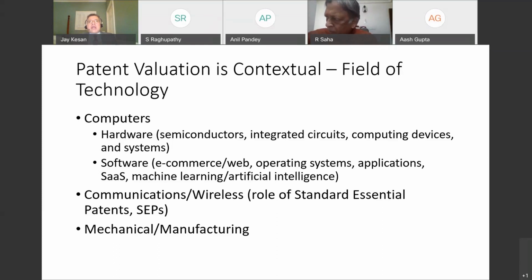The reason this broad schism is actually meaningful is because in most computers and communication applications, the end product embodies hundreds of thousands of patents. Most computing devices have 200, 300,000 patents in them, all the way from the semiconductor to semiconductor processing to integrated circuit fabrication, going on up to devices and chips and systems and software.